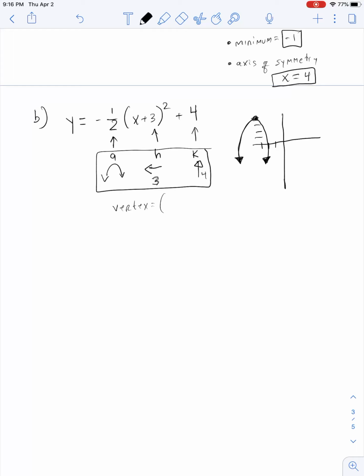It's whatever this is, but the opposite. So it's -3, and then 4. This number gives us the axis of symmetry. This number, because it opens down now, tells us the max value.